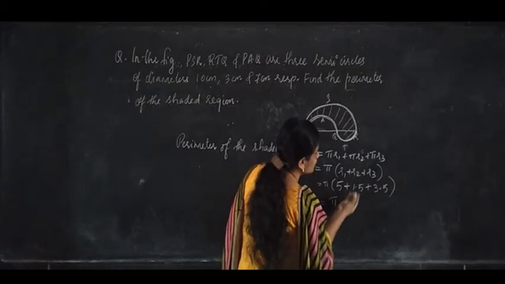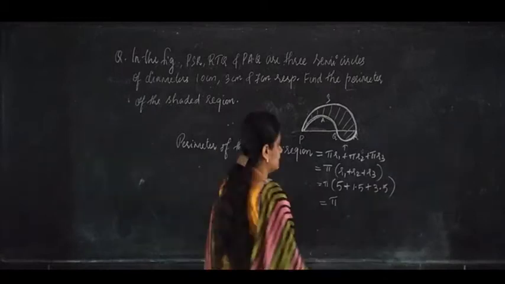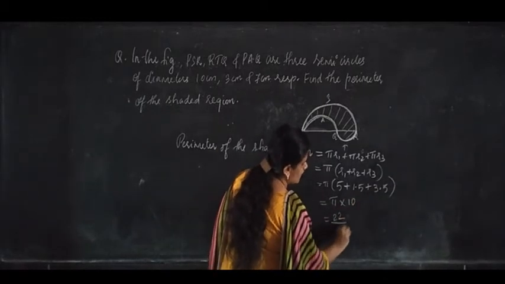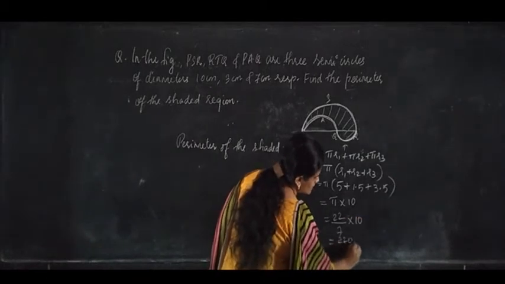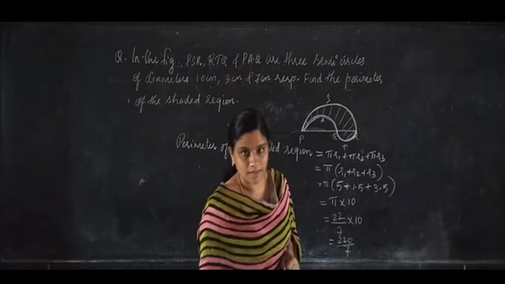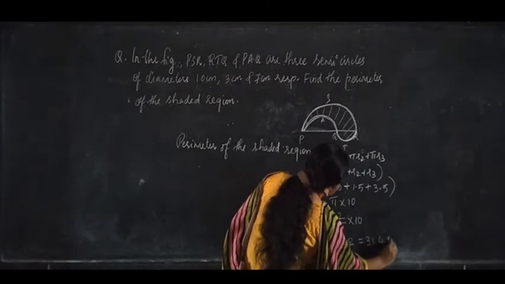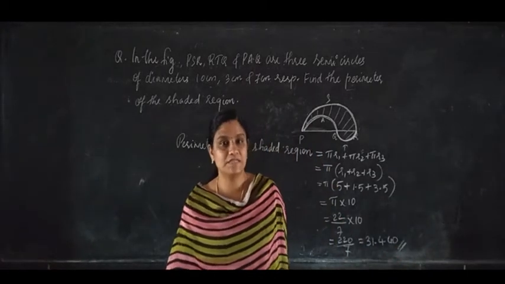Pi into 5 plus 1.5 plus 3.5, that is nothing but pi into 10. That is 22 by 7 into 10, that is 220 by 7. If you divide, you get it as 31.4 centimeter. Approximate value 31.4 centimeter. Clear?